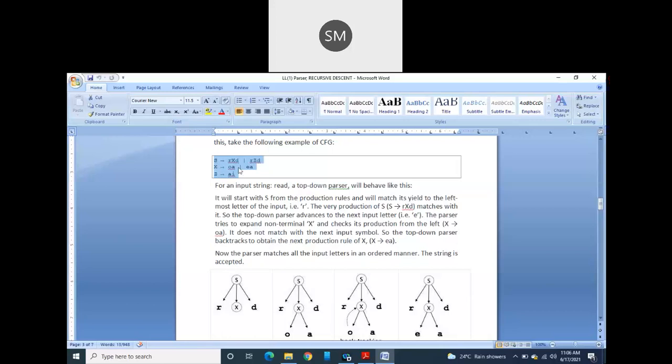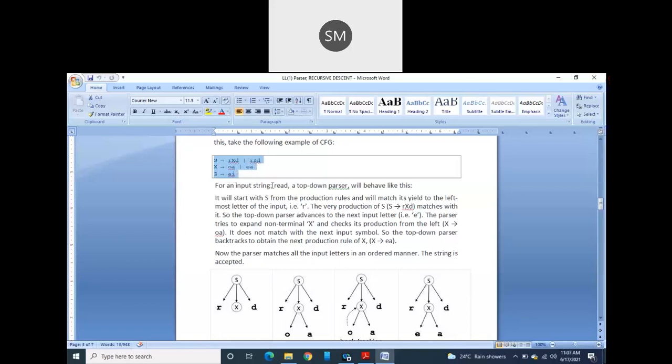So S is going to give me this string: terminal r, followed by capital X, followed by small letter d, or else S may be rZd. Then what do you mean by X and Z? These are non-terminals. X and Z I am defining here as X may be oa, or else X may be ea, and Z will be ai.